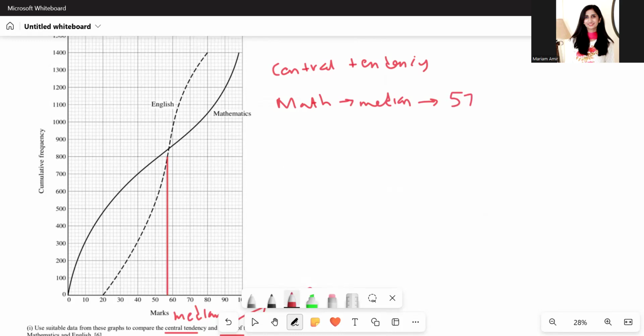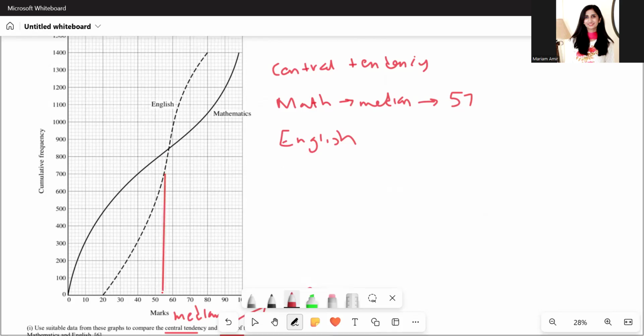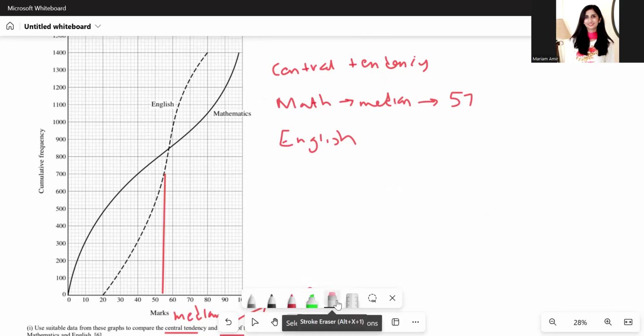And median for English would be, oh, did I read the wrong values? Wait, I was supposed to read at 700. Yes, this is 700, never mind, which is exactly between 50 and 60, so it's actually 55.